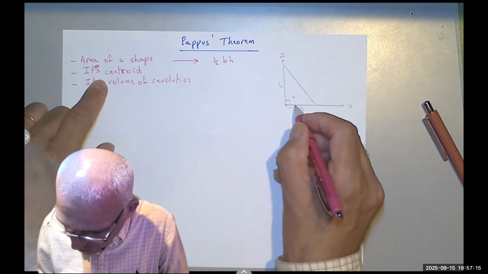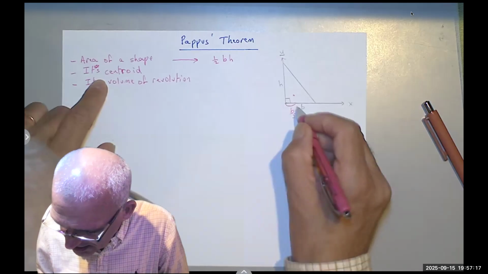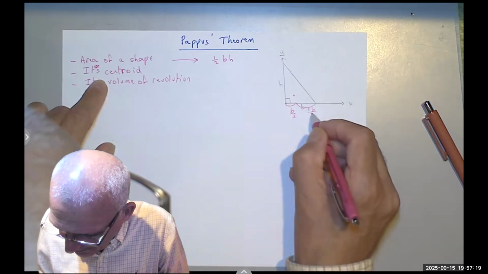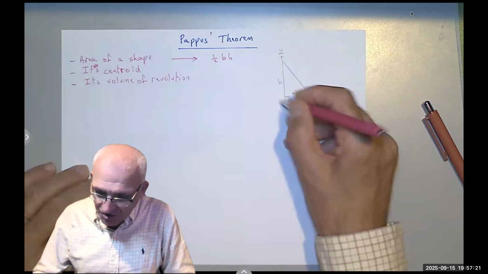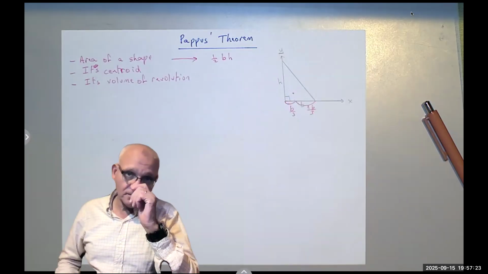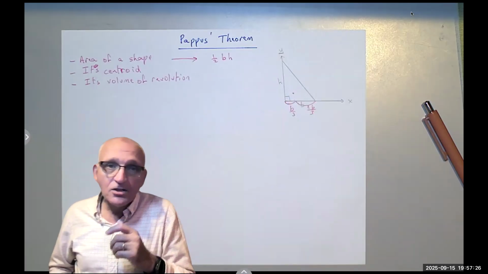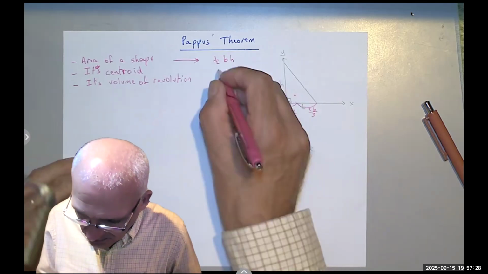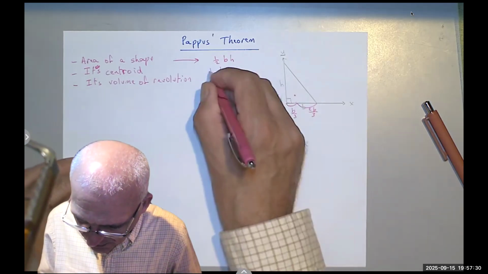So this is B over 3, and this is 2B over 3. And this is H over 3 and 2H over 3.